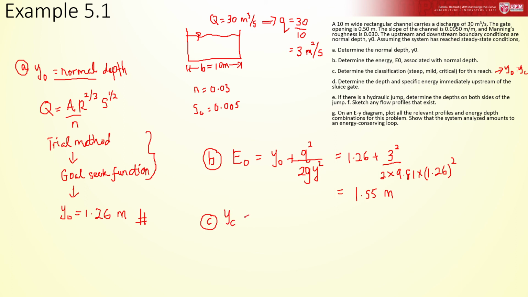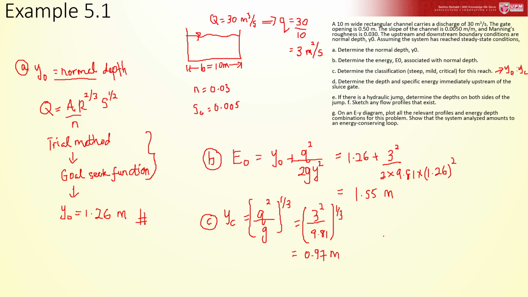So yc is equal to q squared divided by g, to the power of 1/3. Again, just put everything in because we know all the information, so we can solve this. The answer is 0.97 meter.